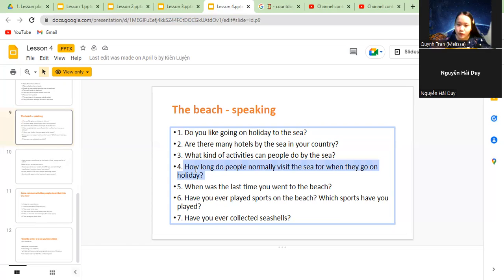How long do people normally visit the sea for when they go on holiday? We base on the area to answer it. Okay, let's start.